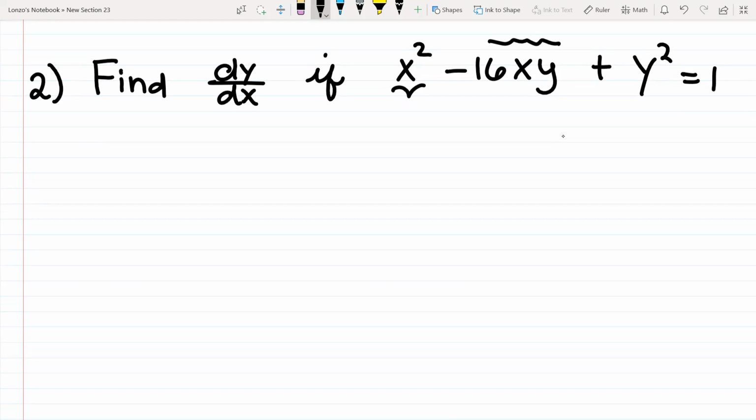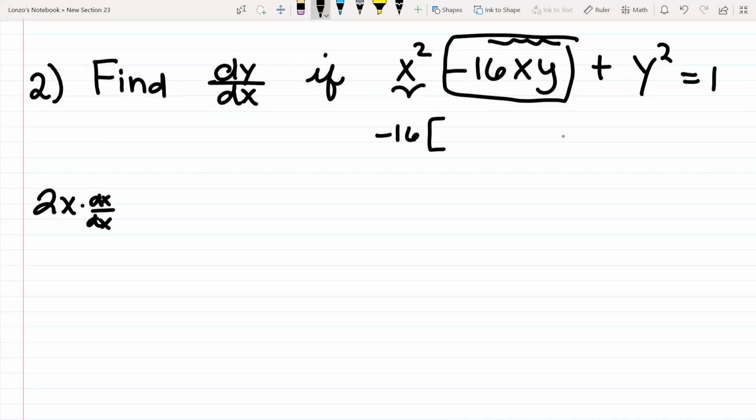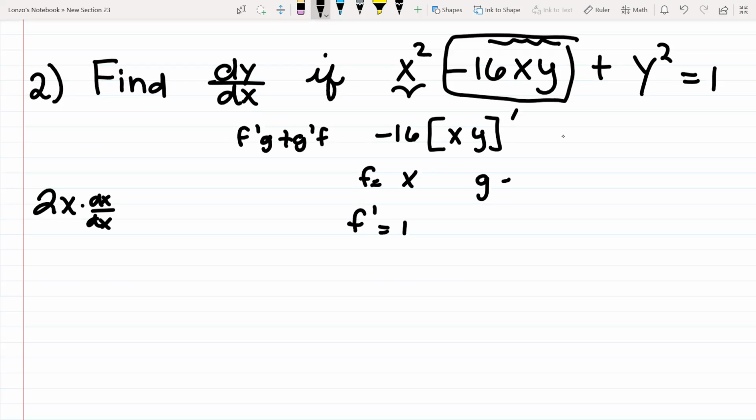The derivative of x squared with respect to x would be 2x dx over dx. The derivative of this entire thing, well, I am going to use the product rule, but first I will factor out that minus 16. And then just take the derivative of this inside the bracket. So product rule is f prime g plus g prime f, right? So f is x, f prime would be 1, g is y, g prime would be 1, and because we have to take it with respect to x, it would be dy over dx.